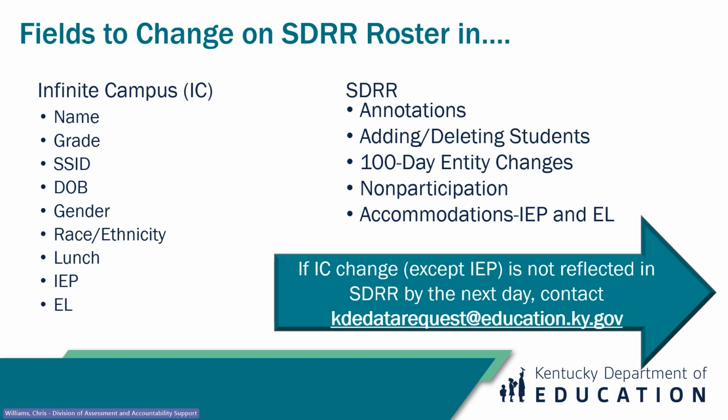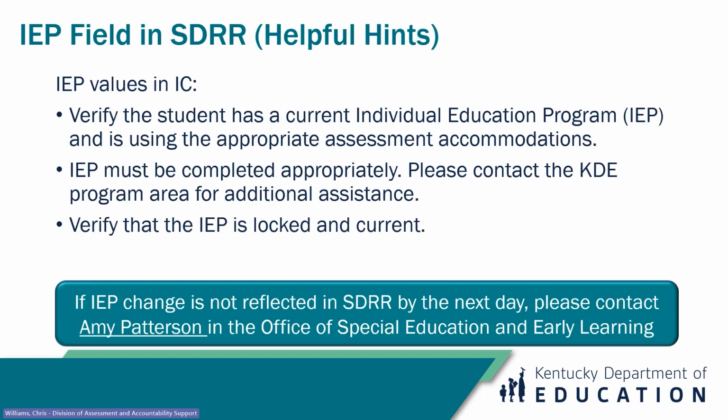Now, I want to note here, if there is an IC change, except for an IEP, and you made the change in Infinite Campus and it's not reflected the next day in SDRR, you want to contact our Data Enterprise group, which is our KSIS team, by emailing them at kdeDataRequest@education.ky.gov.